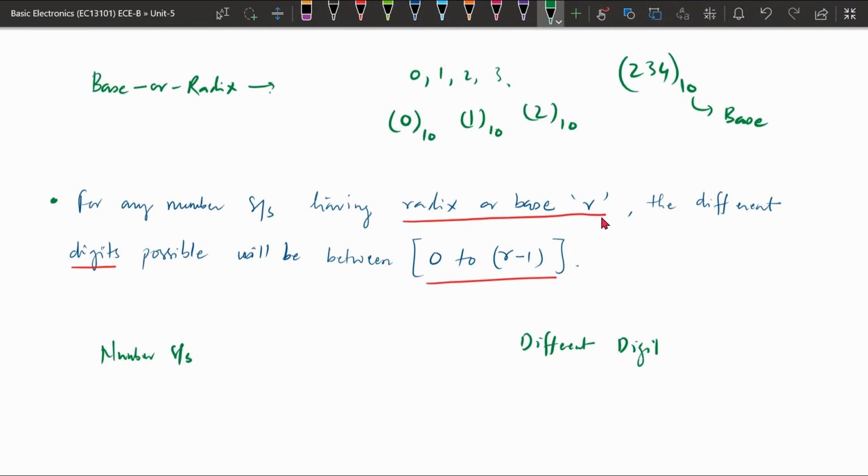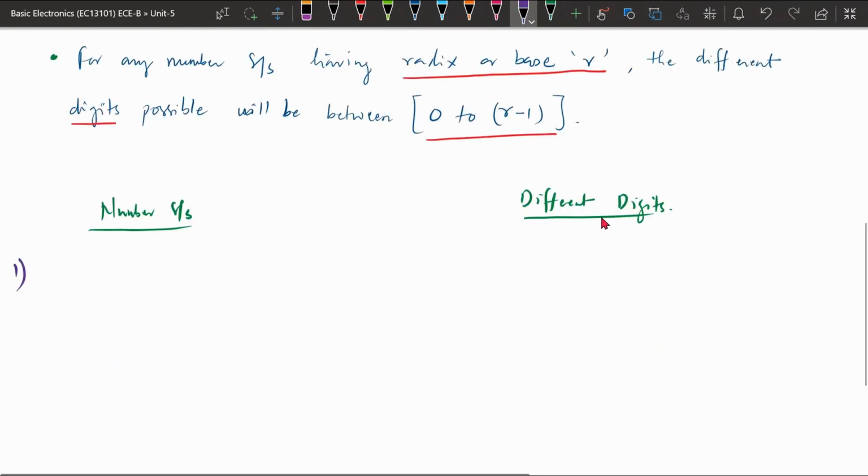In the decimal number system, the radix or base is 10, so the digits possible range between 0 and r minus 1, that is 10 minus 1, which is 9.